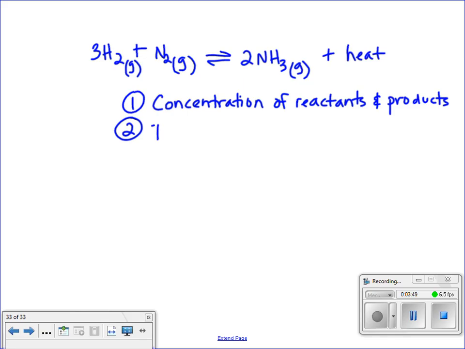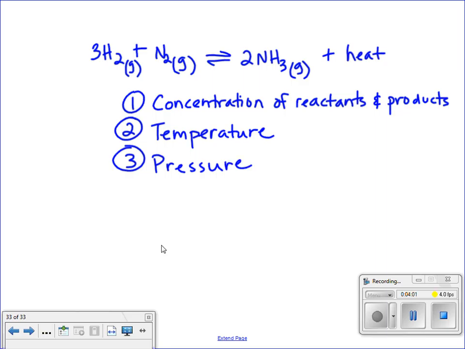Temperature. And pressure. Okay, so those are the three changes that can affect a system that is already at equilibrium and cause a shift towards either the reactants or products.